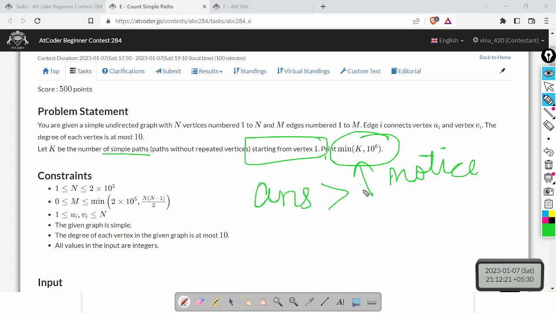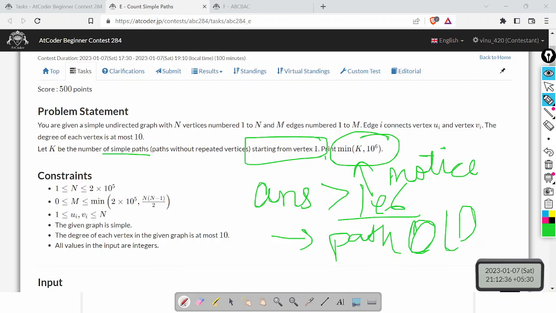If the number of paths is greater than 10^6, we don't care, we simply print 10^6. So we can find all the paths naively one by one, since 10^6 is not very big. This is the key point.